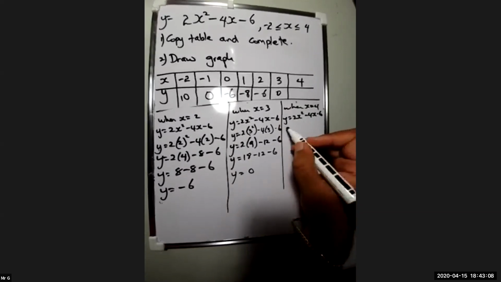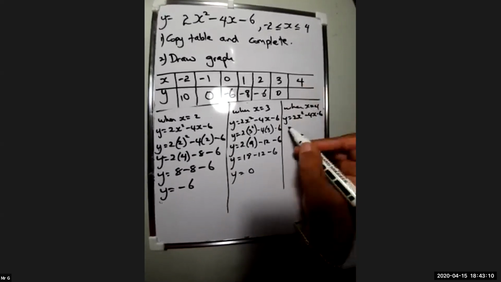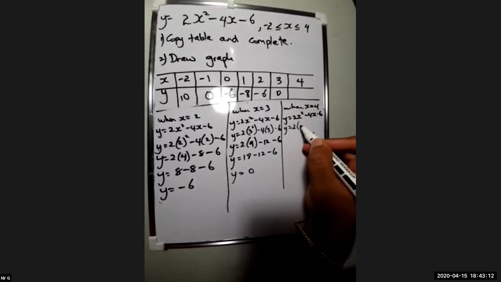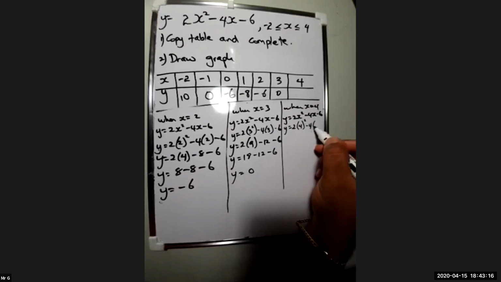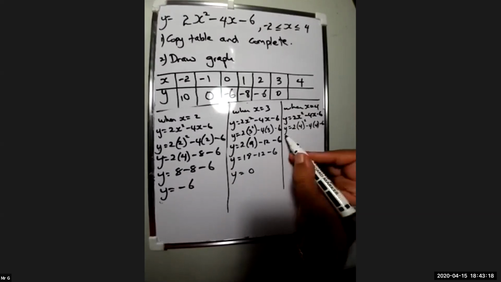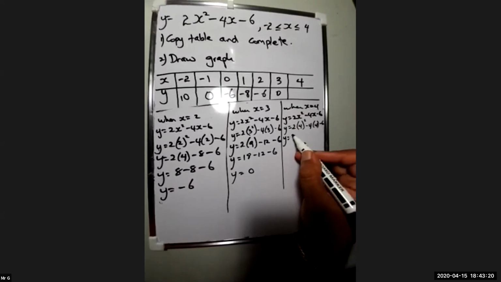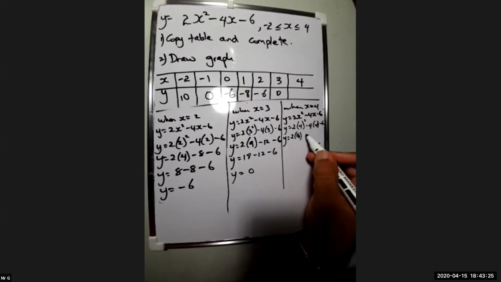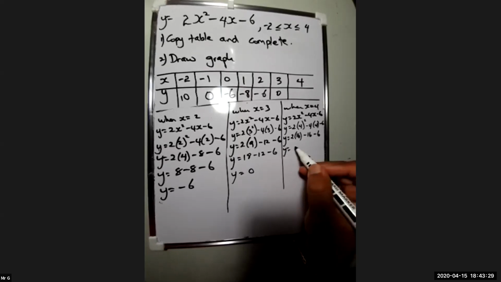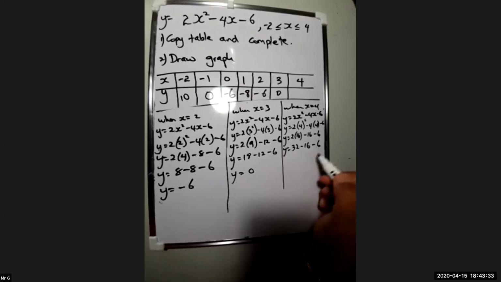And of course, when x is equal to 4, y is equal to 2 into 4 squared minus 4 into 4 minus 6. 4 4s are 16, minus 6. 16 by 2 is 32, minus 16 is 16, take away 6.